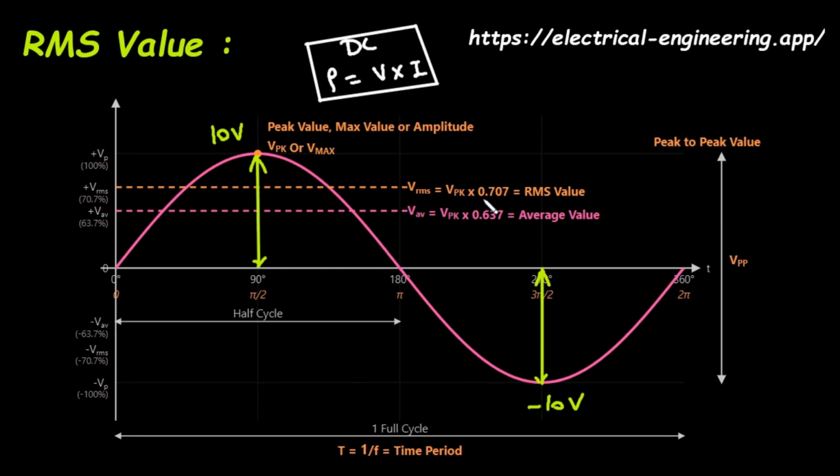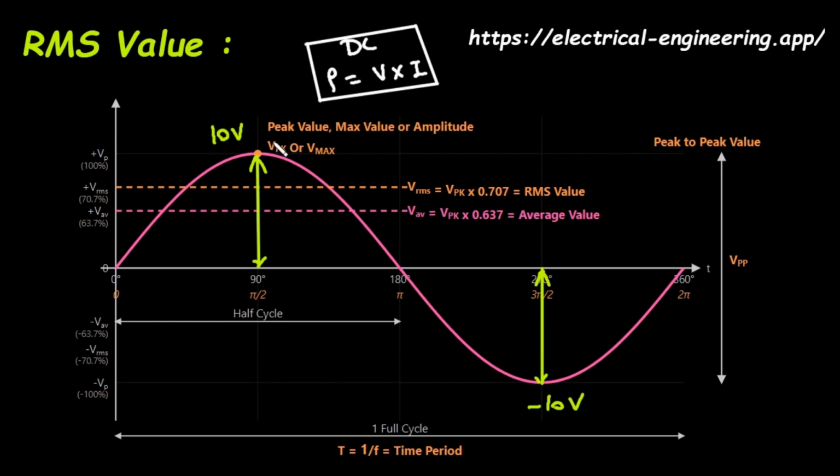Now we will understand how we can calculate this RMS value. Here this is the sinusoidal waveform. This is the maximum value or peak value or amplitude of this waveform. From this value to this value it is called the peak to peak value.